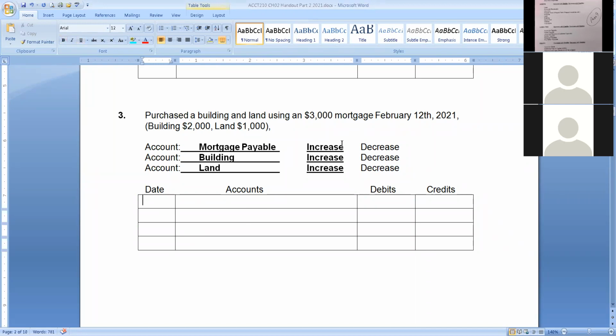February 12th. I'm going to stick to the credits coming last, but you can put it anywhere. So this is a liability going up by 3,000.